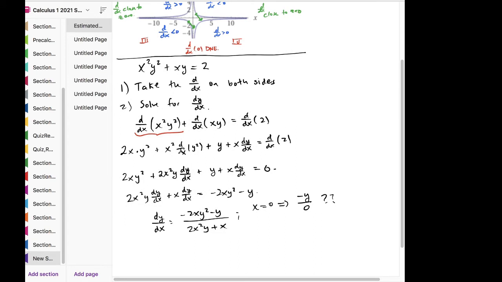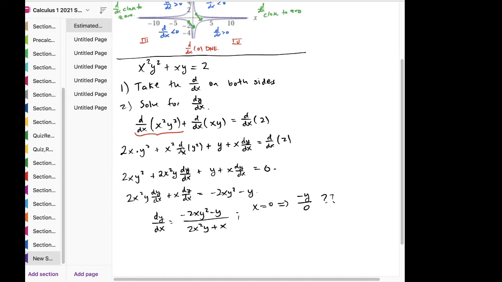How about y equals 0? Well, there is no y equals 0, right? Right, there's no x-intercept.